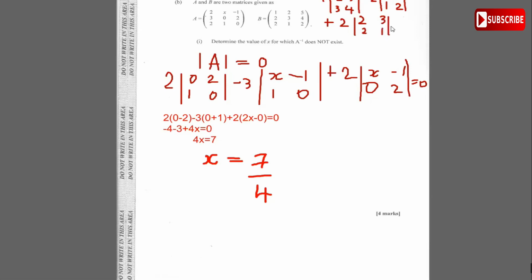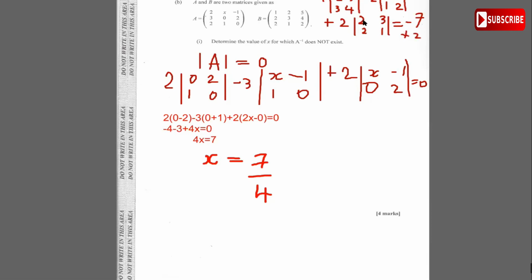So we can work this out now. We're going to get 2 times 4 is 8, 8 minus 15 is minus 7. So this part works out to be minus 7. Then this part works out to be 4 minus 5, which is negative 1, and negative 1 times minus 2 is plus 2.